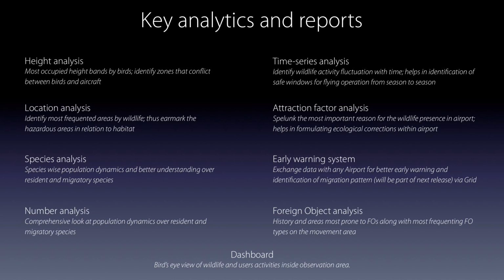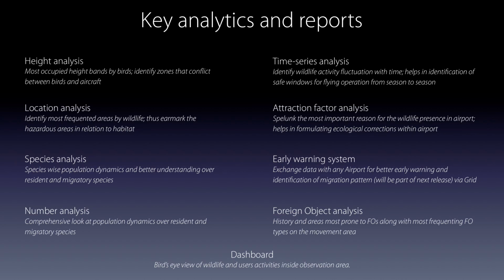In addition to these, Skua helps in analyzing foreign object history and areas most prone to them in visual representation over the map itself. On top of everything, Skua sports a trendy dashboard, which provides a sneak peek into everything that is happening within the airport in near real time.